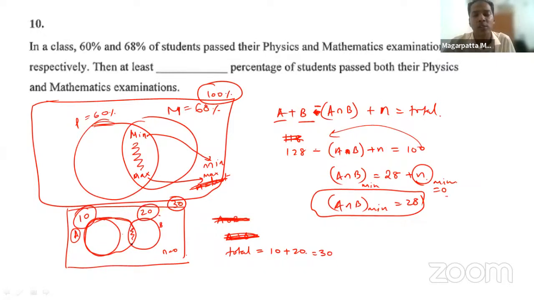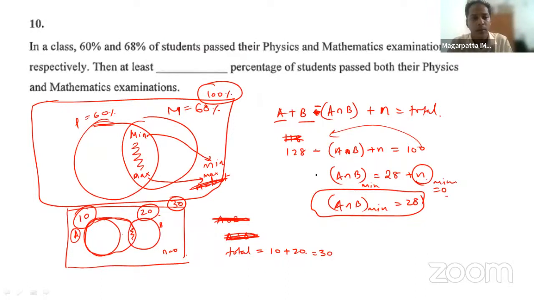So some numbers would get added outside. That is why, when the intersection is maximum, the outer part would also be maximum.